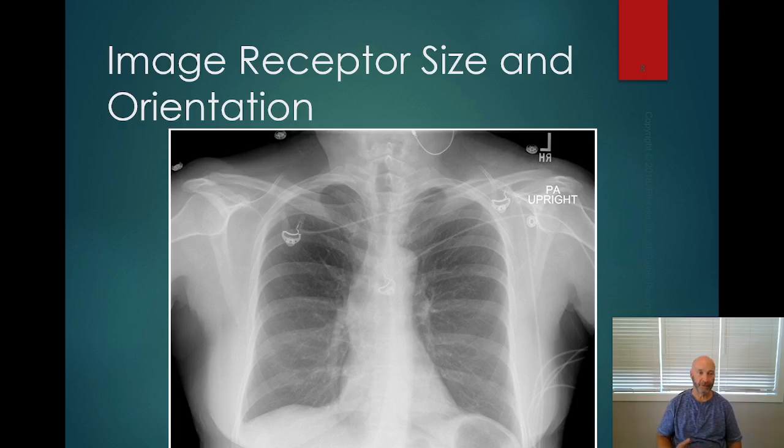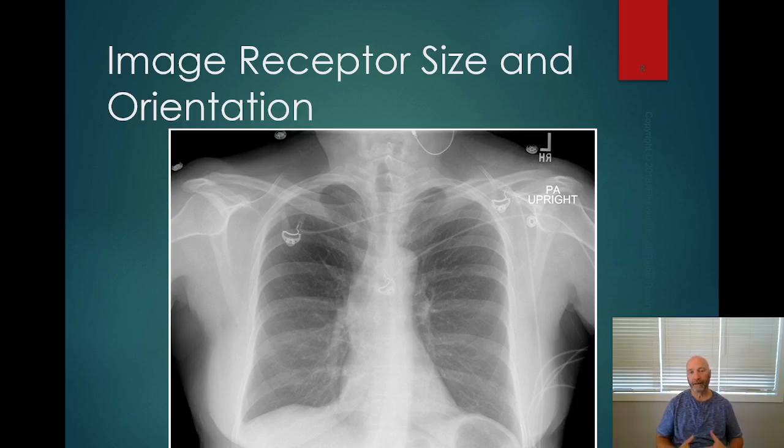And you've got to know the patient's body habitus to understand how to put that image receptor best to work for that patient's body shape. So if you have a patient who is hyposthenic, then what you're going to have is a patient who's got very long lungs. Their lungs go from, it seems like, top of their head to their kneecaps.